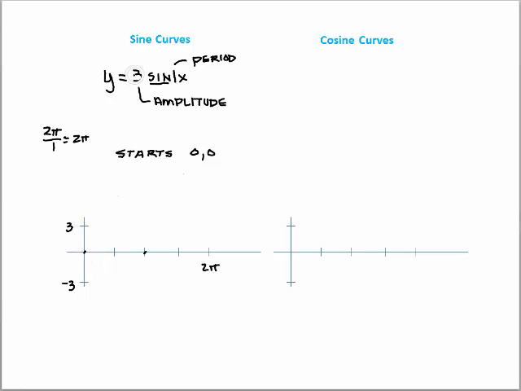So since it's a positive 3, we're going to go up to maximum amplitude, come down to minimum amplitude, and end at 2 pi. All right? That's a sine curve. Now let's take a look at how that differs to a cosine curve.